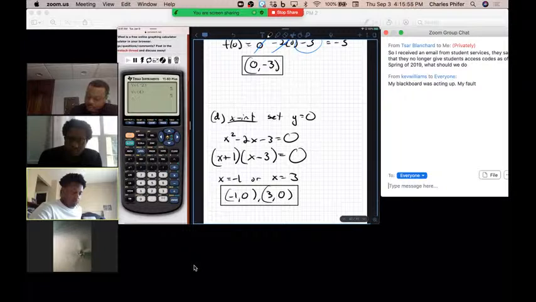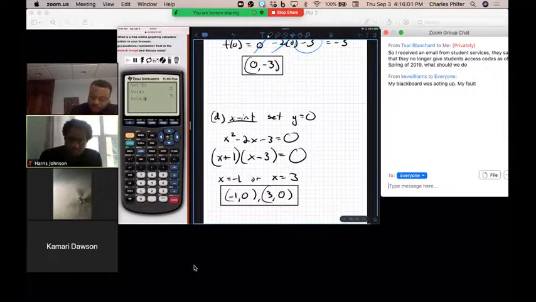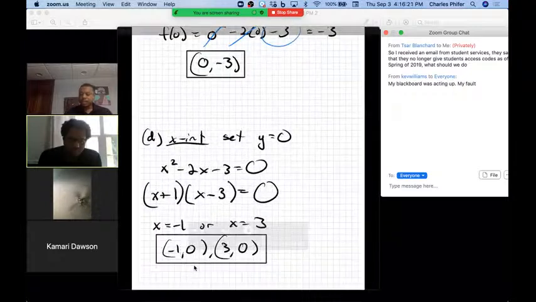Okay, so that is the original. So I want to test when x is negative 1. When x is negative 1, we should get 0. And when x is 3, we should get 0. Okay? And then when x is 0, we should get negative 3. Okay, so we confirmed all of our results. All right, so then let's continue in the notes.